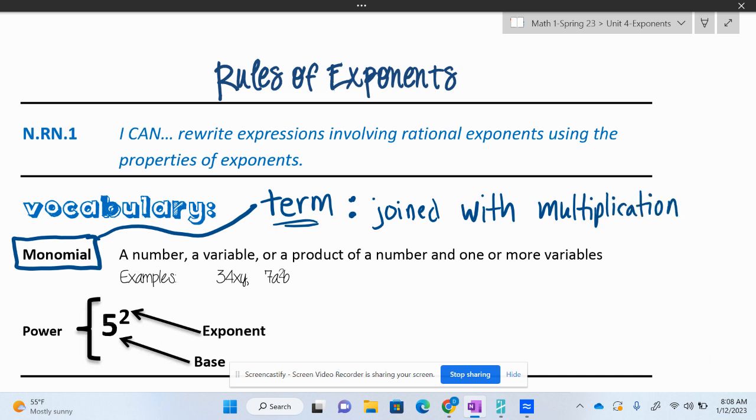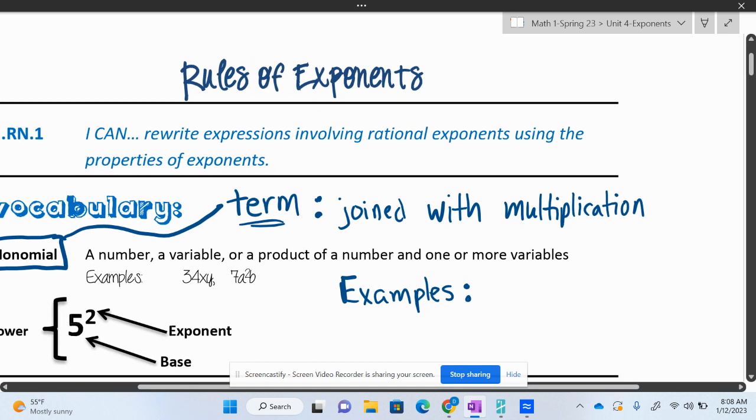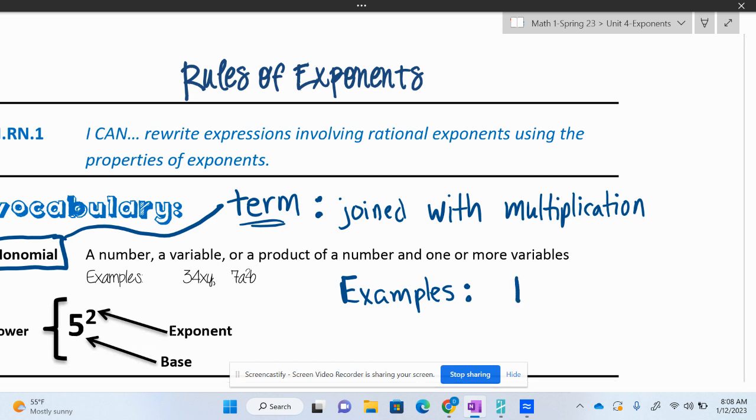Okay, so I'm going to give you a bunch of examples of a monomial because I think that that's important that you see a bunch of different types. So a term could be something, or a monomial could be something like the number 1 or the variable x or 3y.